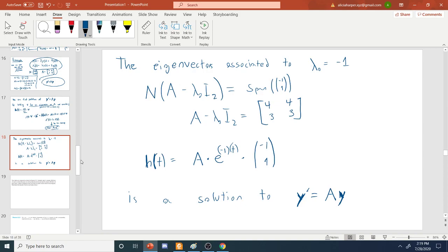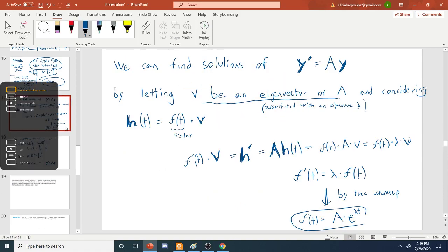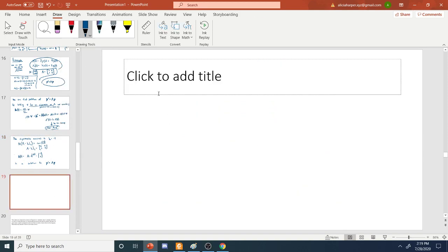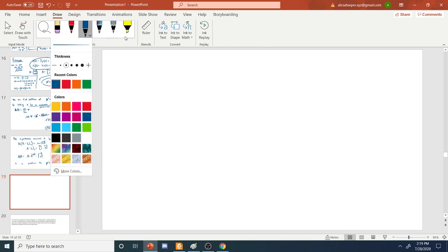For the eigenvalue lambda naught equals negative 1, let's do the other eigenvalue.